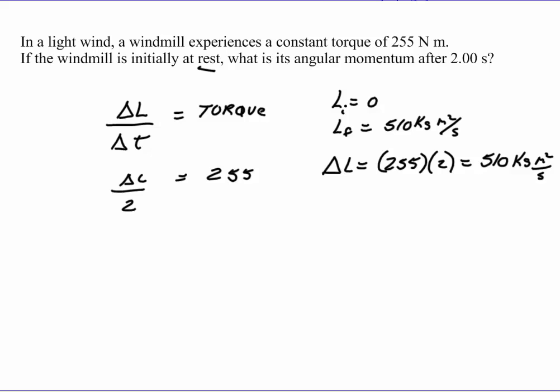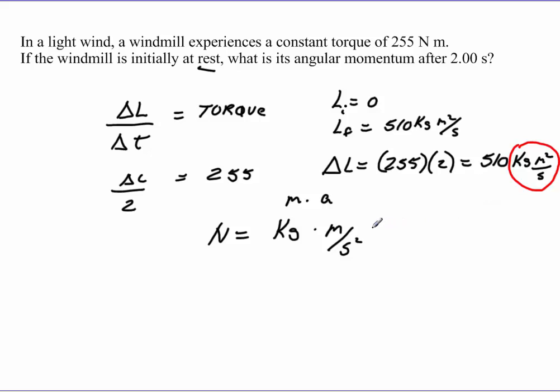This is normally what you see, kilograms times meter squared per second. A Newton is a kilogram times meters over second squared, right? It's mass times acceleration. You'll get to that unit if you just do the rest of it.